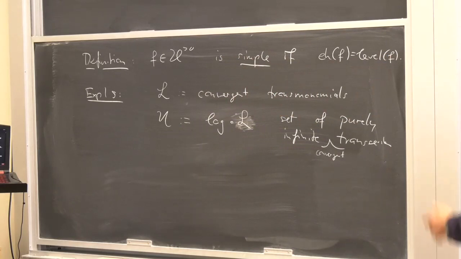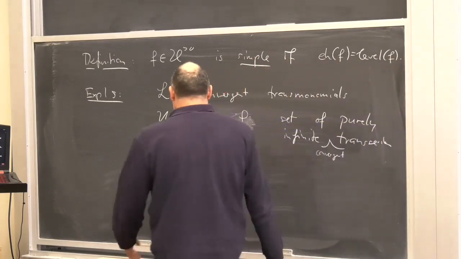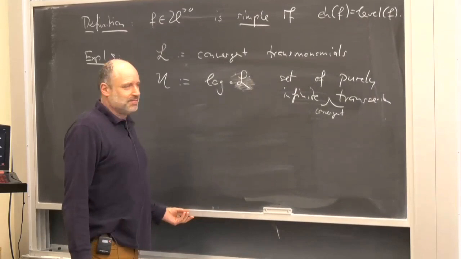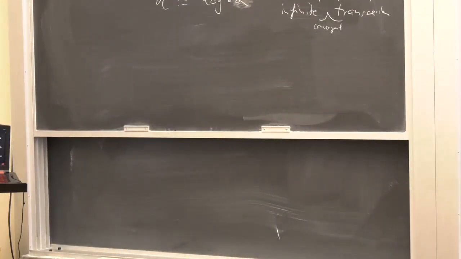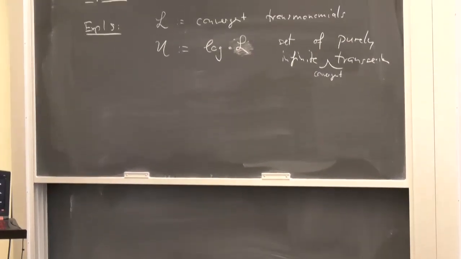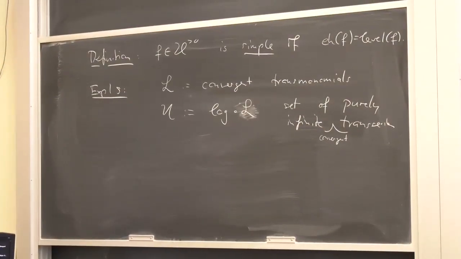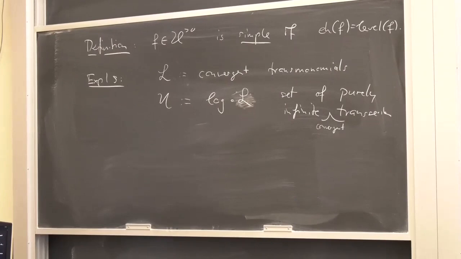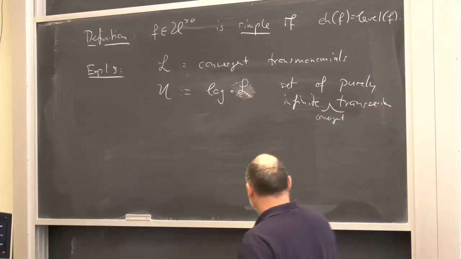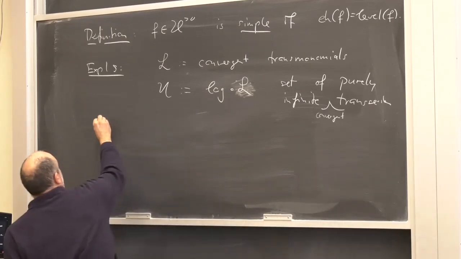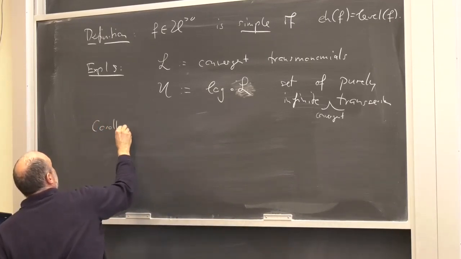You can prove that by induction on H. It's not very hard to see. And of course, those are the ones that interest us. So for these kinds of germs, you get the following corollary.